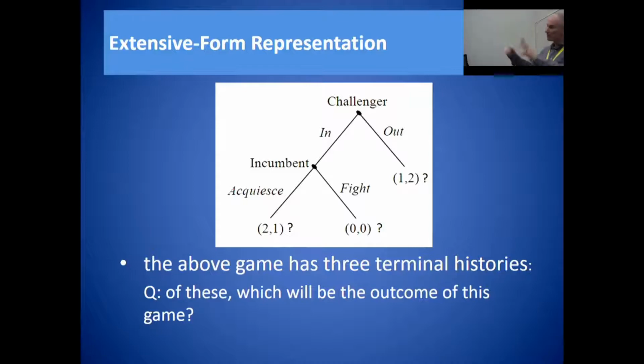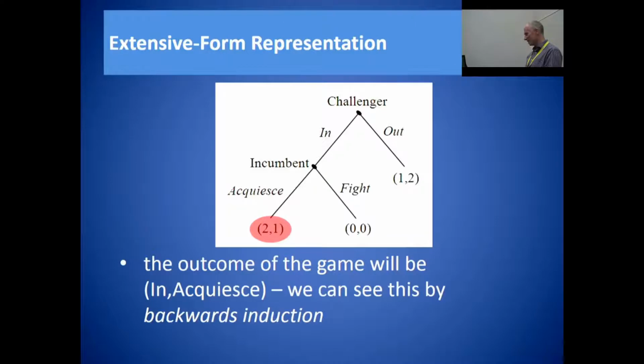We've only got 1 of 3 options. The challenger can enter and the incumbent can acquiesce; the challenger can enter and the incumbent can fight; or the challenger can stay out altogether. The outcome of this game would be, as the majority of people have identified, acquiesce.